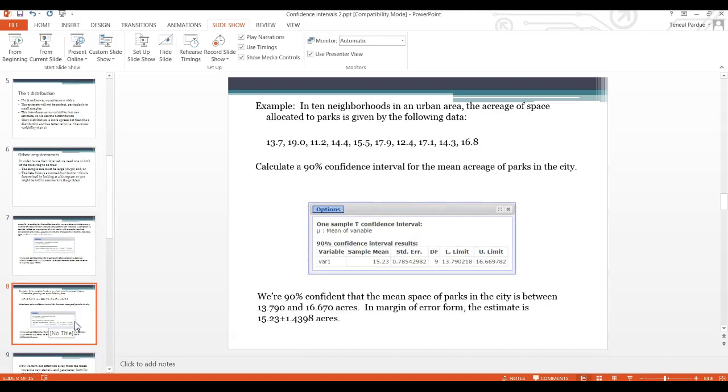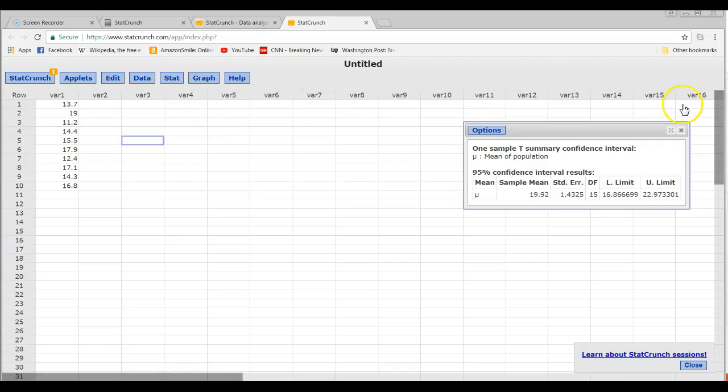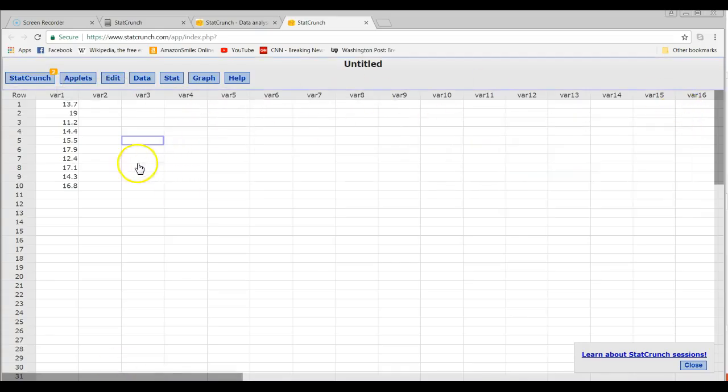Let's do one where they give you data instead of summary statistics. On this one, we're calculating a 90% confidence interval for the mean acreage of parks in the city per neighborhood. All right, so go back over to StatCrunch. I've already typed the data in.